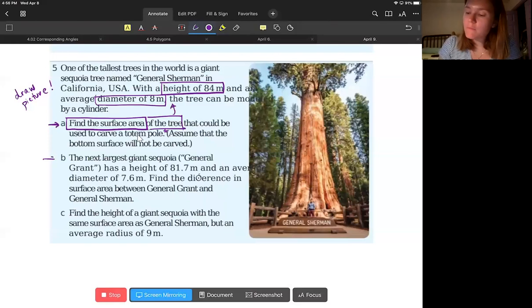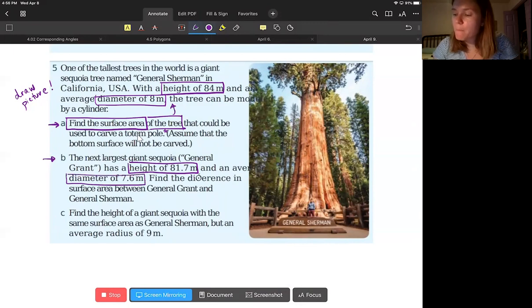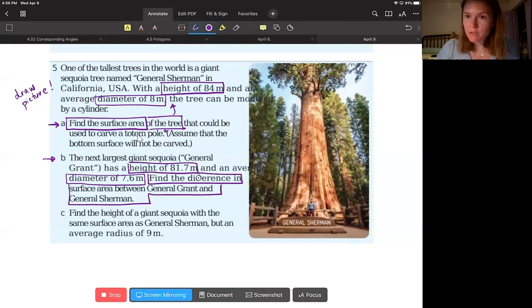Let's look at B. The next largest giant sequoia, General Grant, has a height of 81.7 meters and an average diameter of 7.6 meters. Find the difference in surface area between General Grant and General Sherman, the two trees.